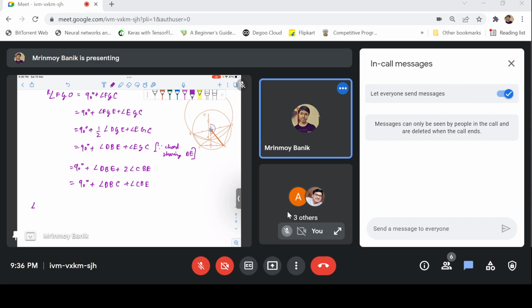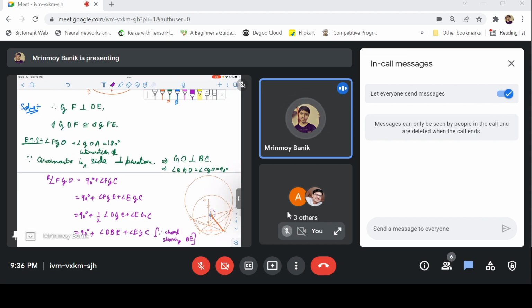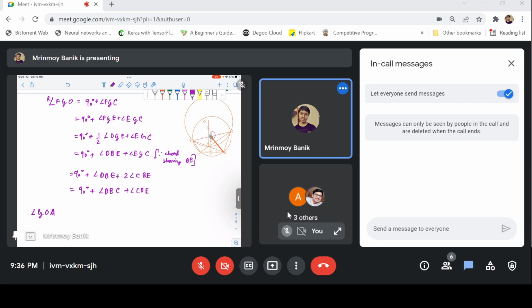So the other angle is angle GOA. Remember, we wanted to show angle FGO and angle GOA sum up to 180. So what is GOA? GOA is GOC minus AOC.